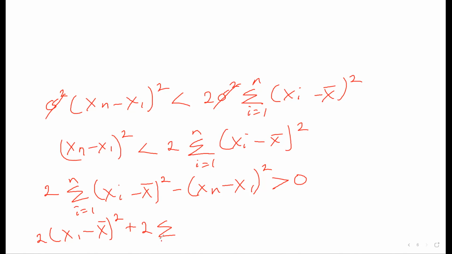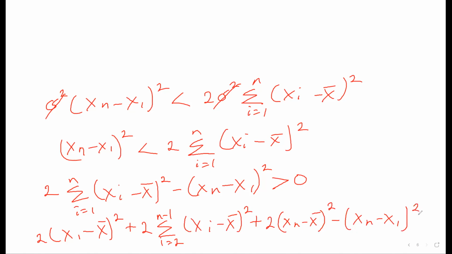We can also take away the last element, so it will not end in n; it's going to end in n minus 1. So I have xi minus x bar square, plus the last element that I've taken away, which is 2 times xn minus x bar square. Now minus xn minus x1 square, all greater than 0.